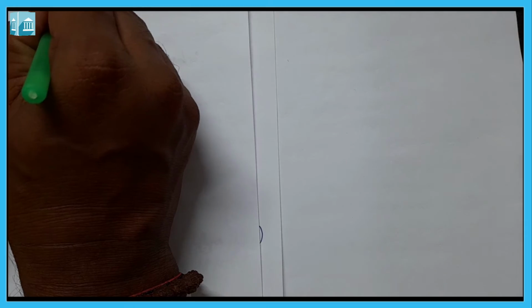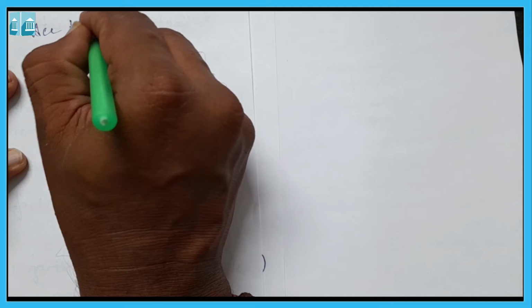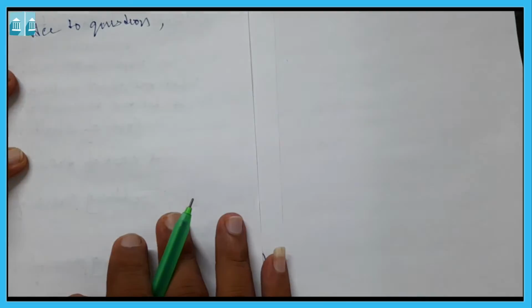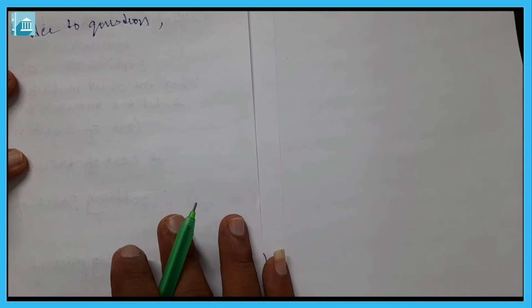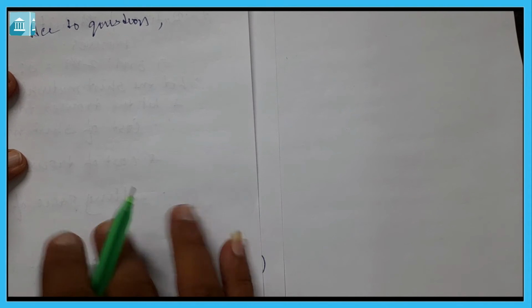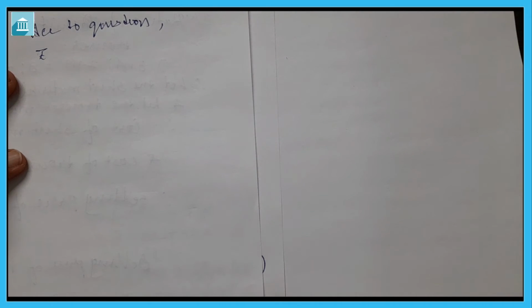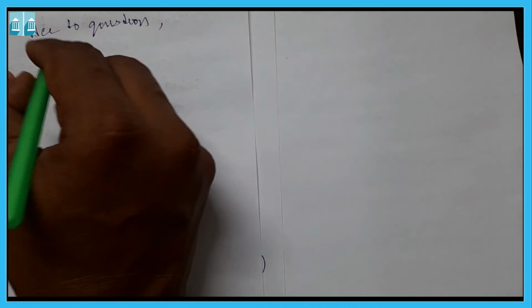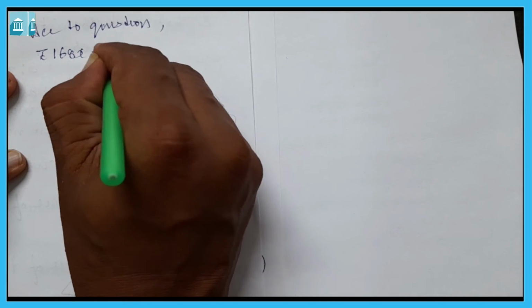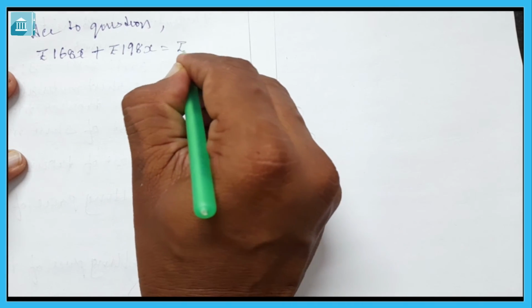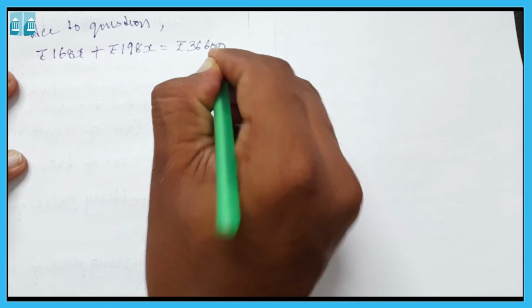So we can write that the total sale means 168x, that is the selling price of shirt material, and the selling price of trouser material, that is rupees 168x plus rupees 198x is equal to rupees 36,600.